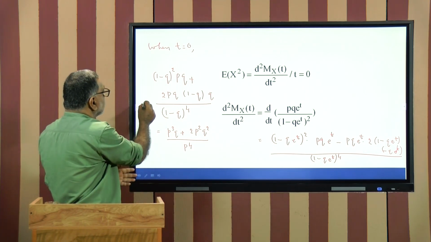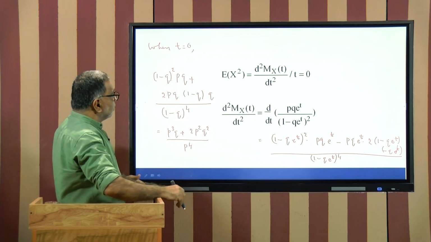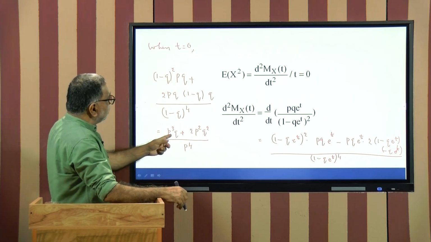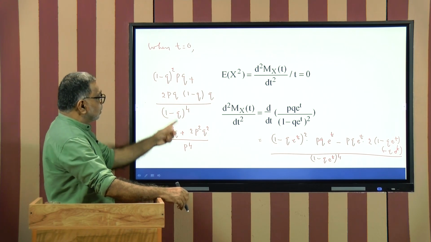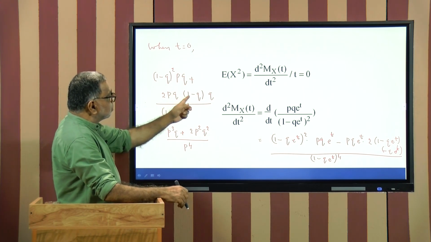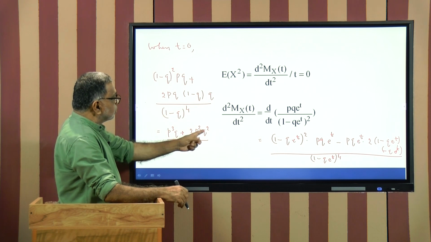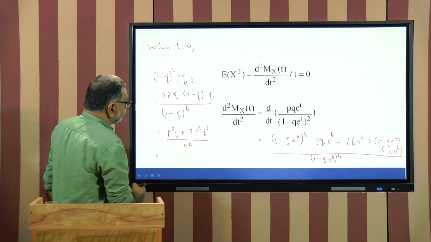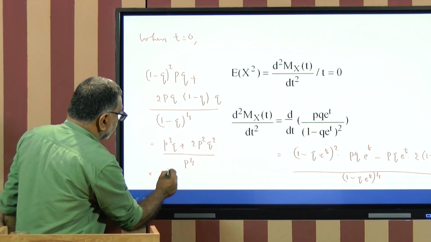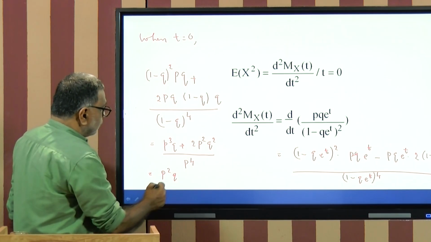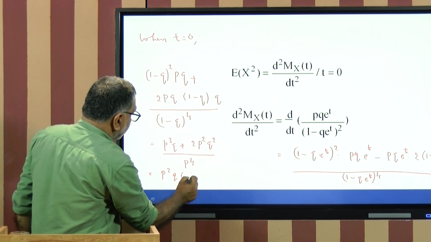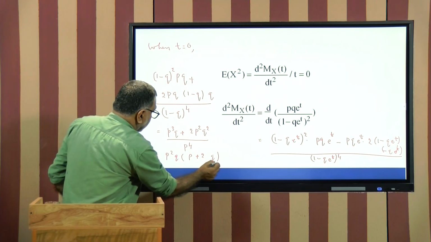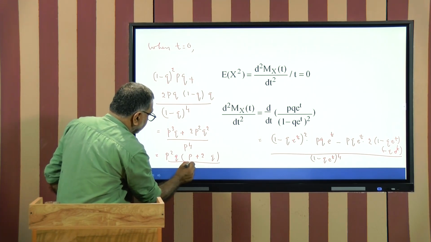So, when we are simplifying this expression, we have p square into p q, that is p cubed q, plus 2 p q, that is 2 p square, and this q square, divided by p power 4, or that is p square q into (p plus 2q) divided by p power 4.